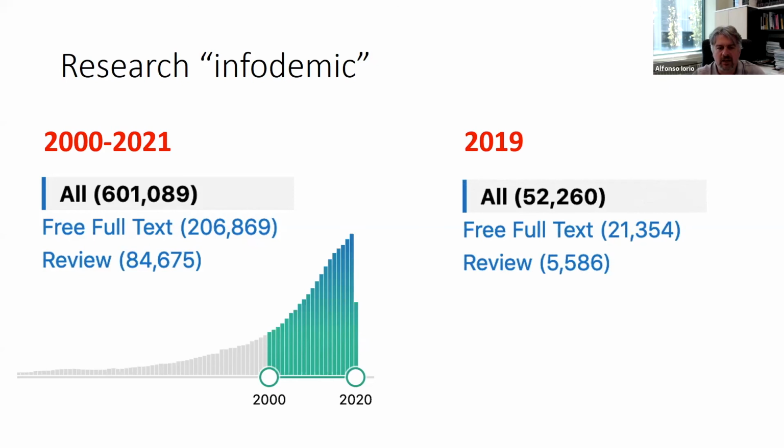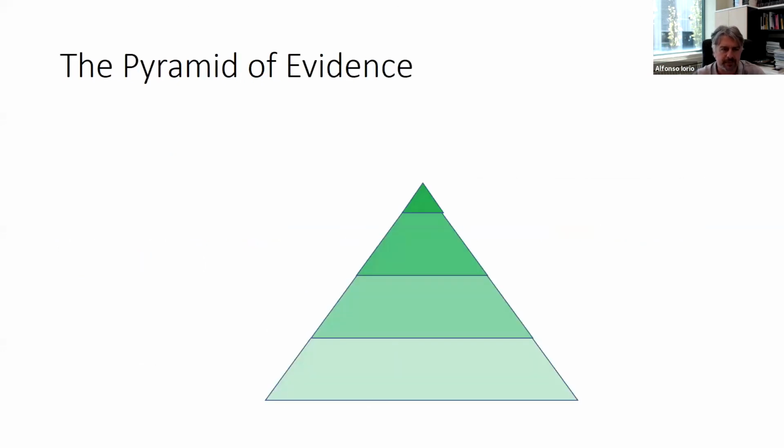And 5,000 of them, 1 in 10, is a review, a paper saying, okay, I have this question, cannabis efficacy. Let's see how many papers have been reporting research on cannabis that I can draw useful conclusions from. So it is a humongous number of publications out there.